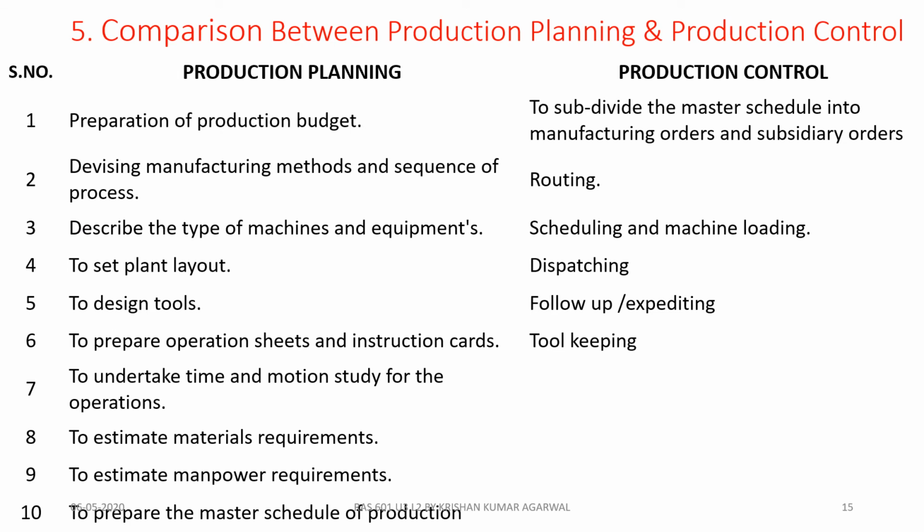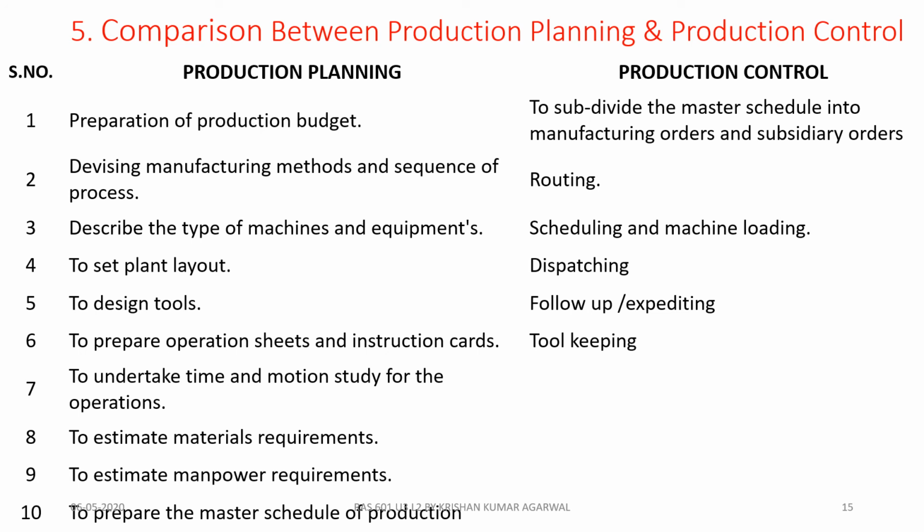There is a difference. Last but not least, we'll discuss the difference between the work carried out by production planning people and the people who are working in the production control cell. Production planning people work for preparing the production budget. They have to devise the manufacturing methods as well as decide the sequence of operations.